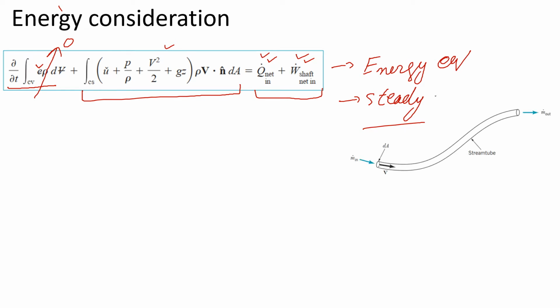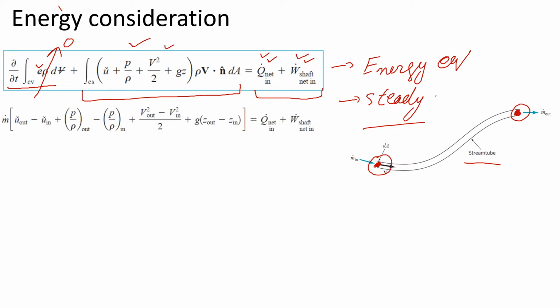Let's apply this equation after simplifying it to this scenario, the stream tube, and this stream tube has one inlet and one outlet. So we will apply this control surface integral to these two control surfaces on the inlet and on the outlet. We already did that, so you must be familiar with this, and this is what we get when we apply this control surface integral to this inlet and outlet.